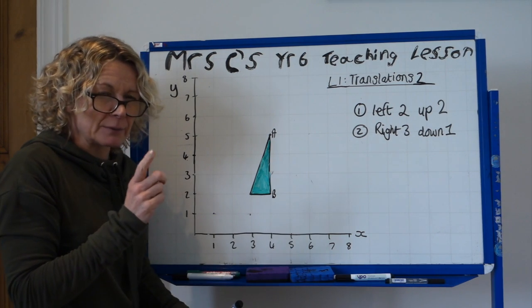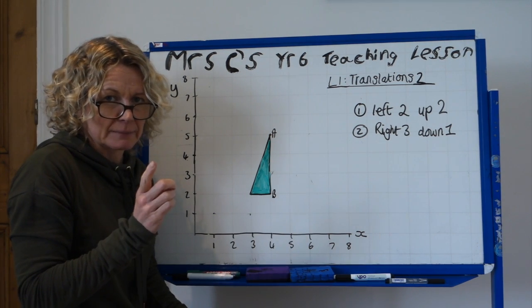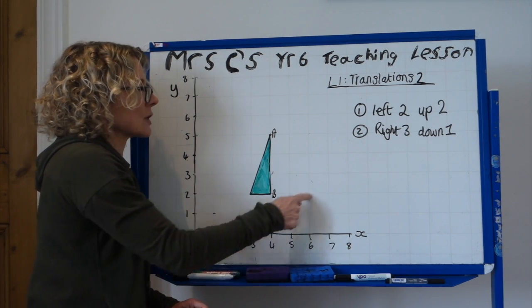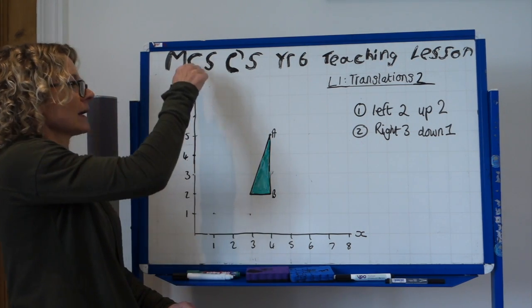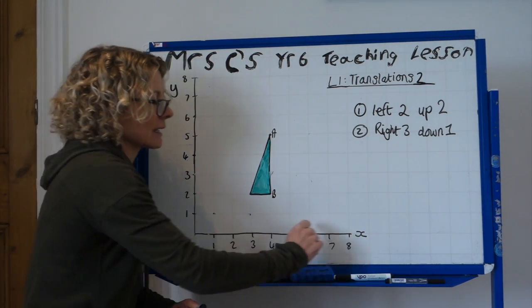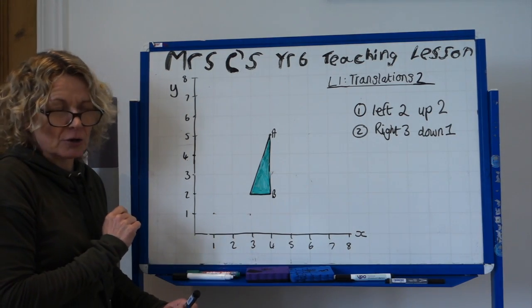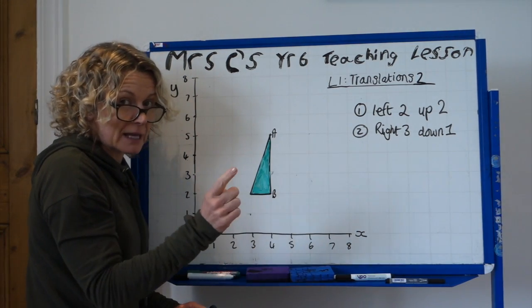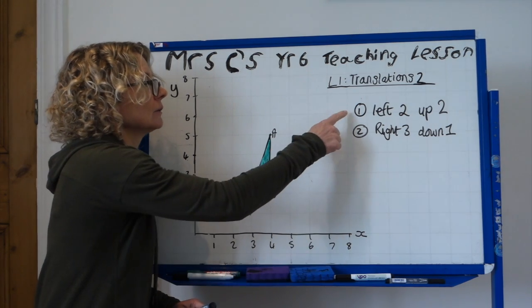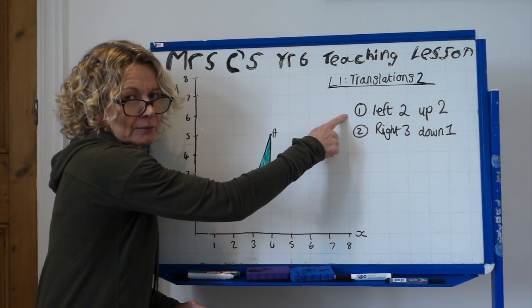Right, today we're going to change it slightly. I've got my little green triangle here on this grid with the y-axis going up and down and the x-axis going horizontally across. We are going to translate this green triangle left 2 and up 2.